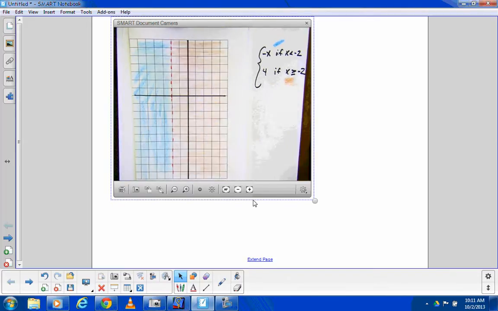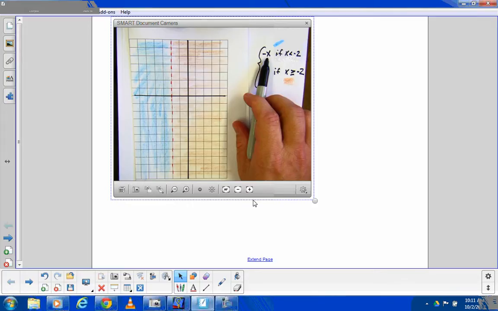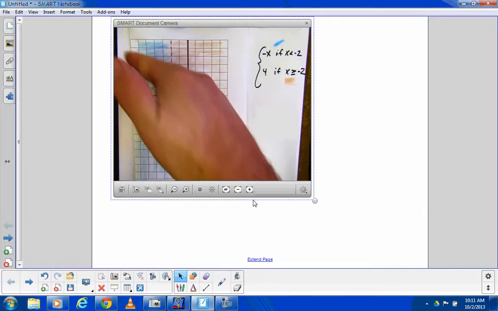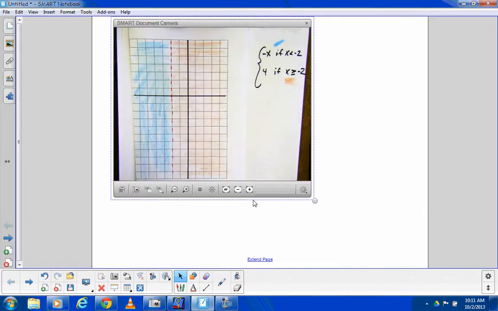Now, let's start graphing. Let's graph -x. How do we do that? Well, remember y equals x is one of our symmetry lines. Y equals x went diagonally through the origin. Remember what -x did? It went diagonally through the origin, but with a negative slope. Let's graph it for real.